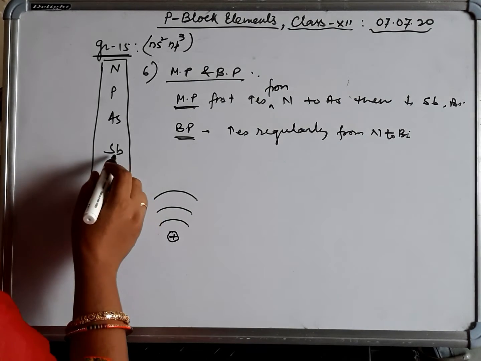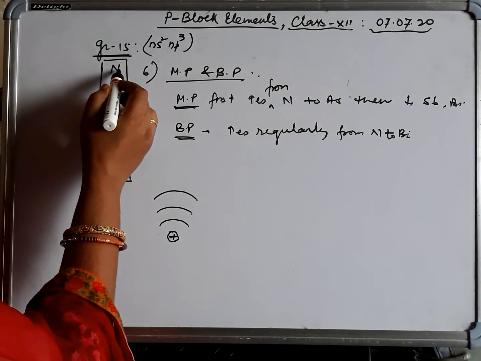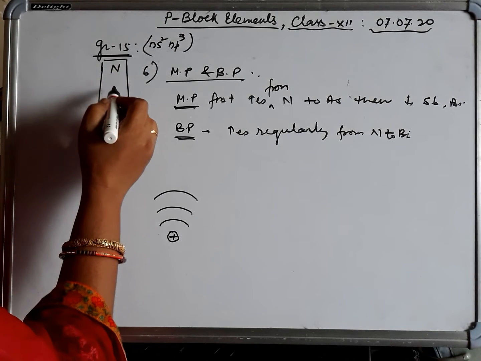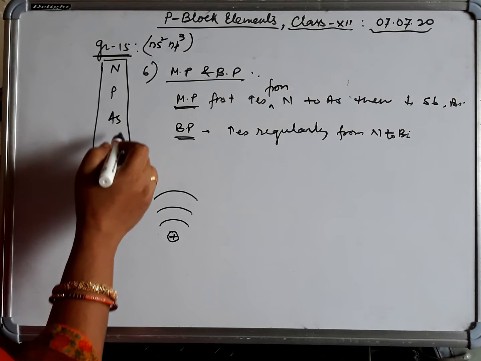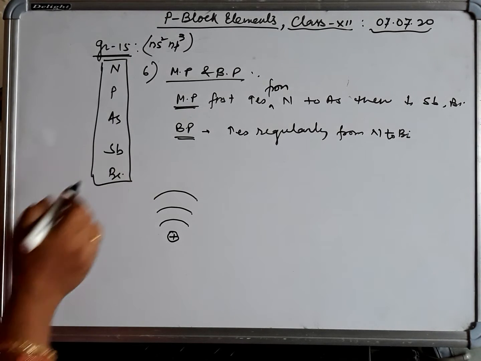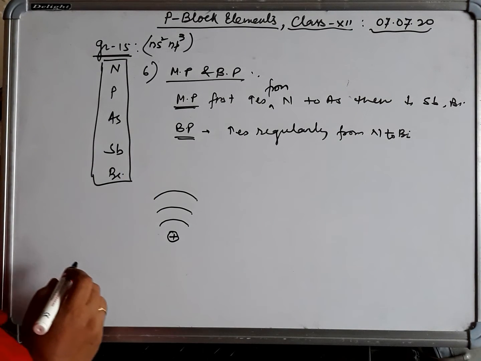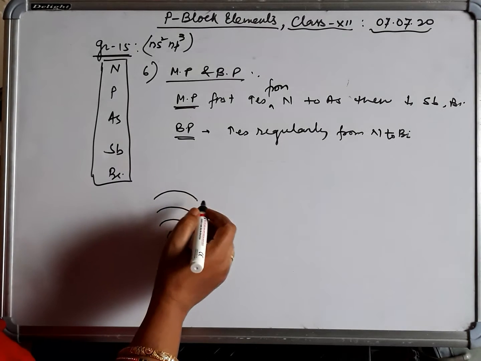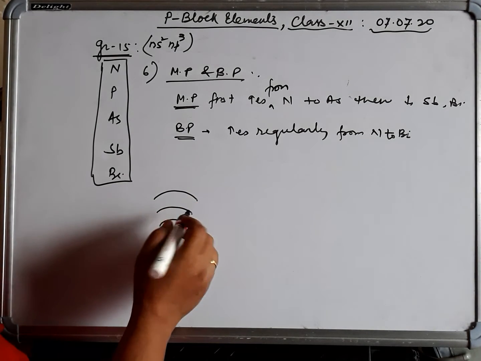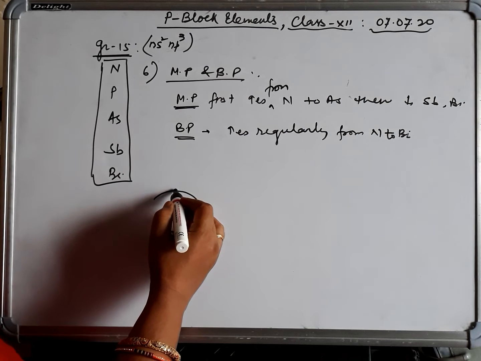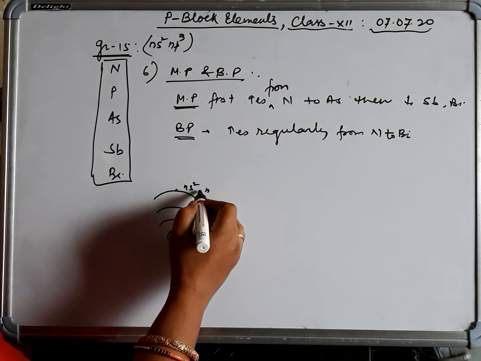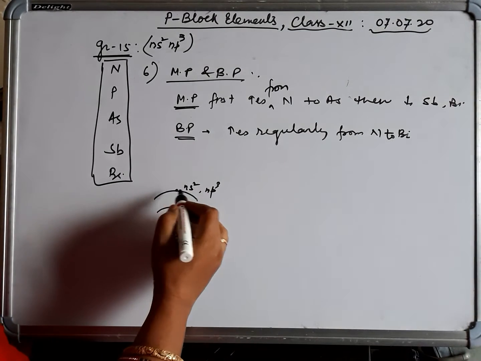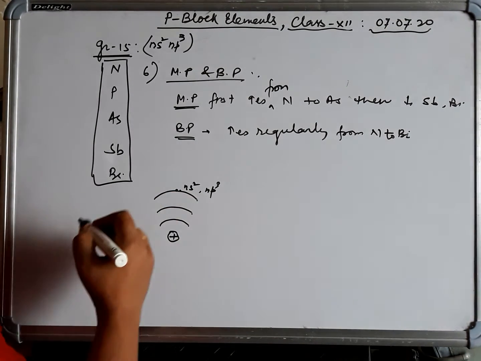As we know, we move from the second period to the third, fourth, fifth and sixth period. From the third or fourth period onward, d electrons enter. Electrons enter the d orbital. So suppose this is the ns2 and np3 electrons here, ns2 being the pair of electrons.